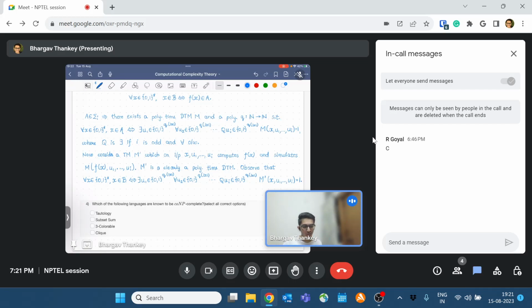Let me just copy this. So the claim is that this statement is true: for all x in 0, 1 star, x is in B if and only if there exists u1 for all u2, so on up to ui, M prime on input x, u1 to ui outputs 1. So you see why this is true?